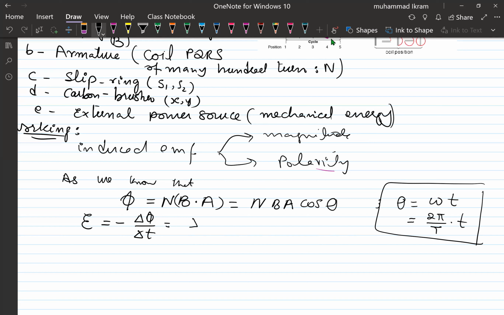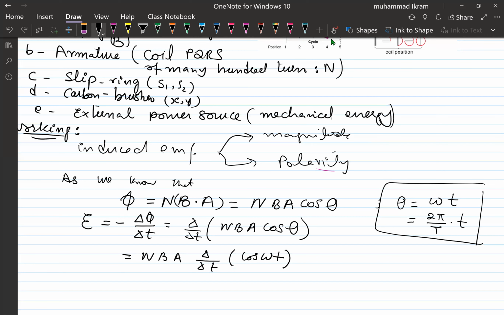This will be equal to minus d by dt of n B A cos theta. Here the rest of the factors, n, B, A, are constant, and the change with respect to time will be in cos omega t.